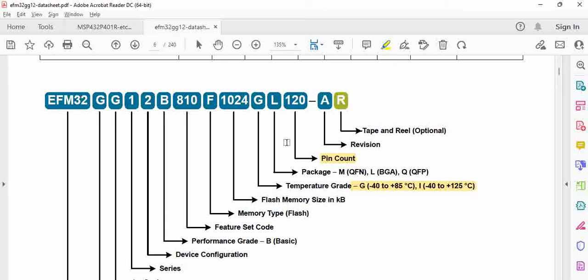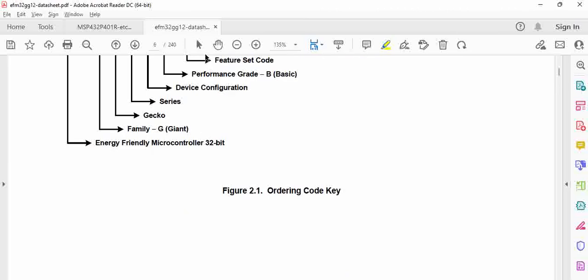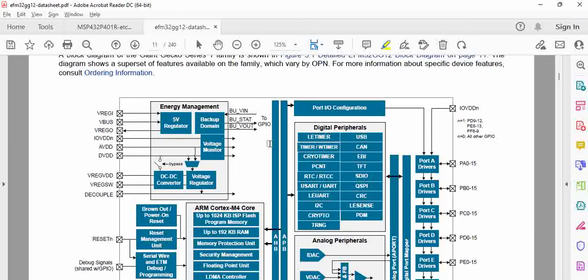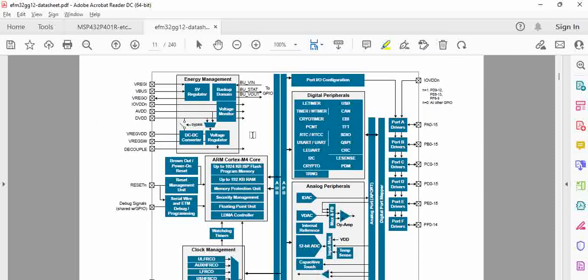If you are using an evaluation board, you need not bother much, because that is already part of the board, and you just need to understand the features. But if you are designing a new board and want to select a microcontroller, for a beginner this is very important to understand. And then this is a system level block diagram.